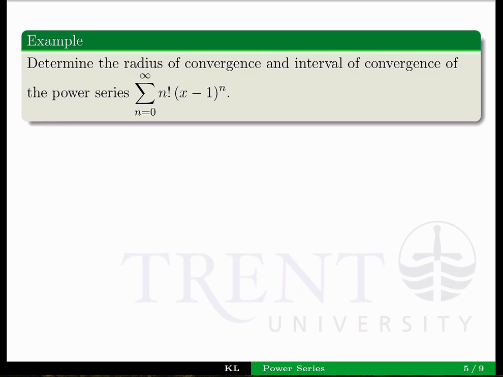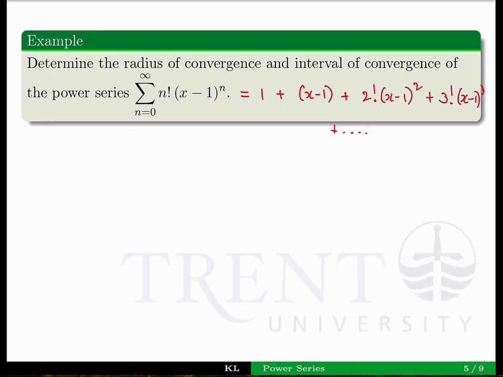Now, if we expand this, we will have 1 plus (x minus 1) plus 2 factorial (x minus 1) squared plus 3 factorial (x minus 1) cubed, and so on and so forth.